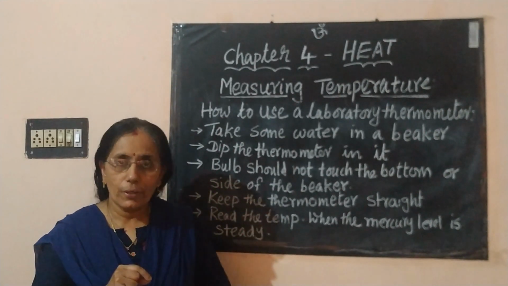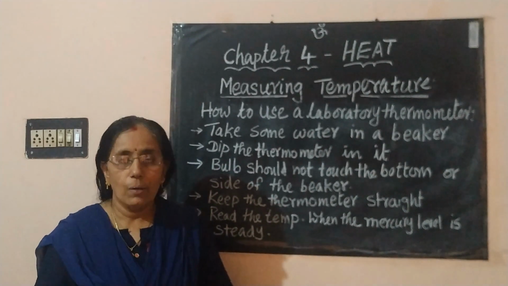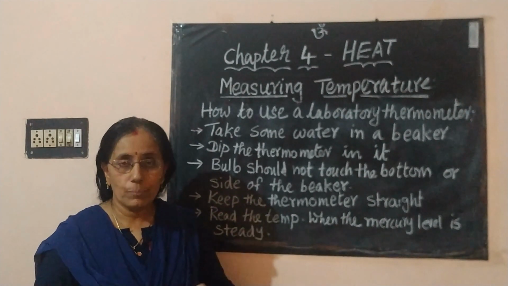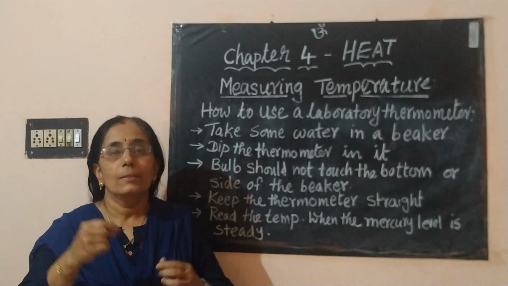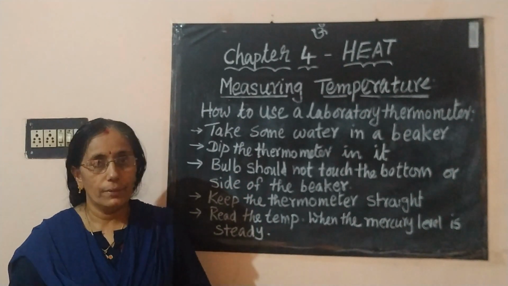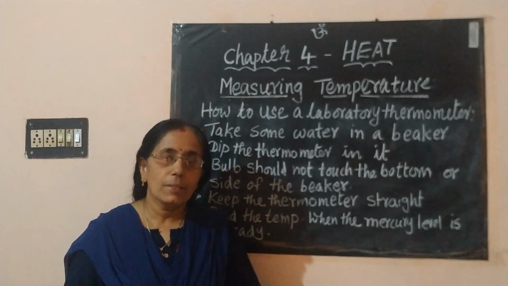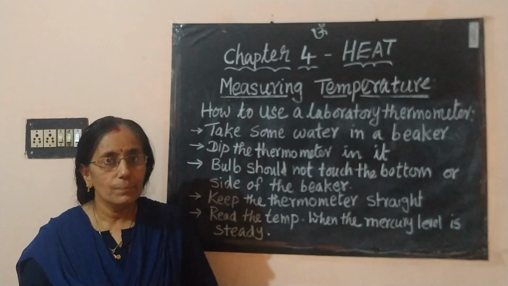When we measure our body temperature, we take the thermometer from the mouth and then read. But here, if we use a laboratory thermometer, when we take it out from the object, the mercury level easily falls down. So, did you understand why a laboratory thermometer cannot be used for measuring the body temperature?